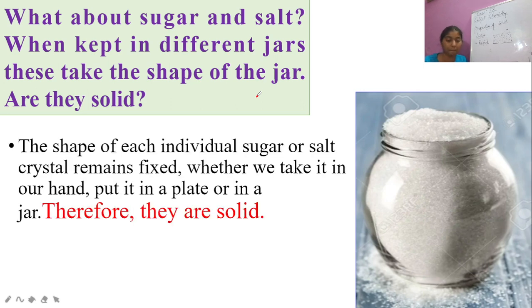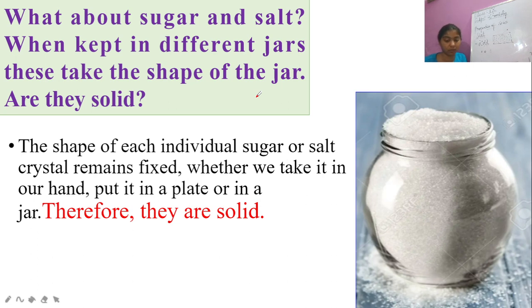But the shape of each individual sugar or salt crystal remains fixed, whether we take it in our hand, put it on a plate, or put it in a jar. They are very small ones, right? So whenever you put them in, they take the shape of a container. That's why we say they are solid.